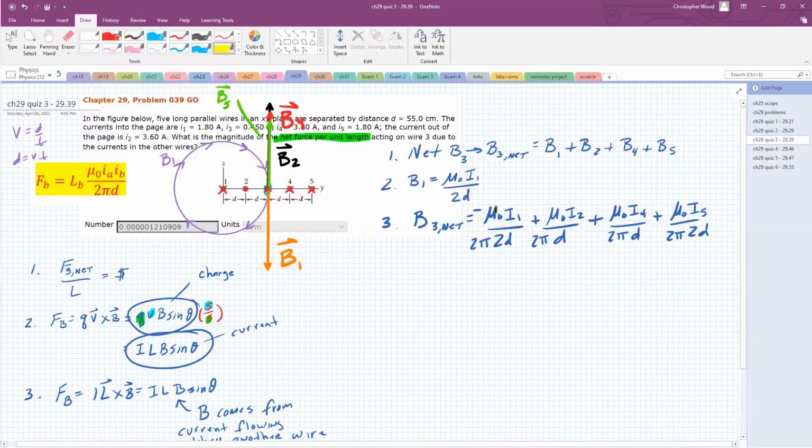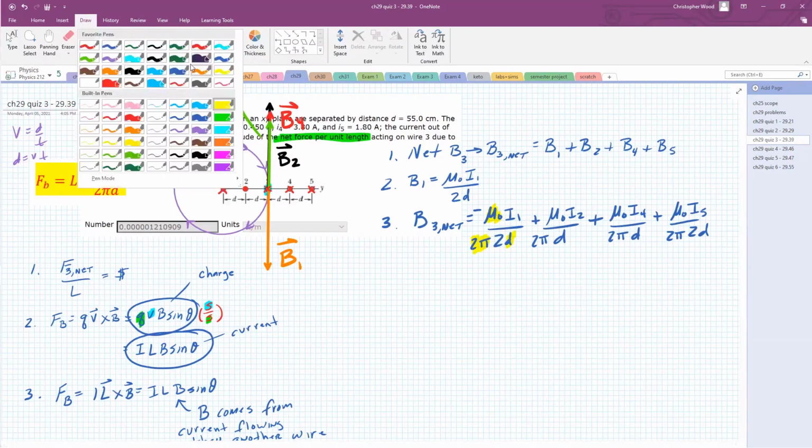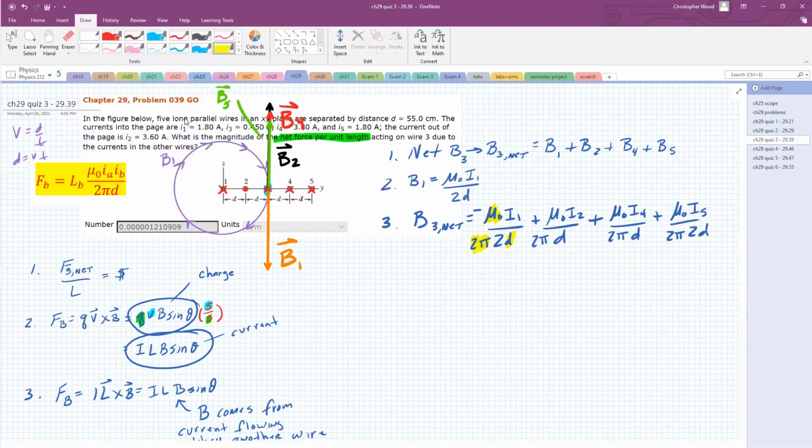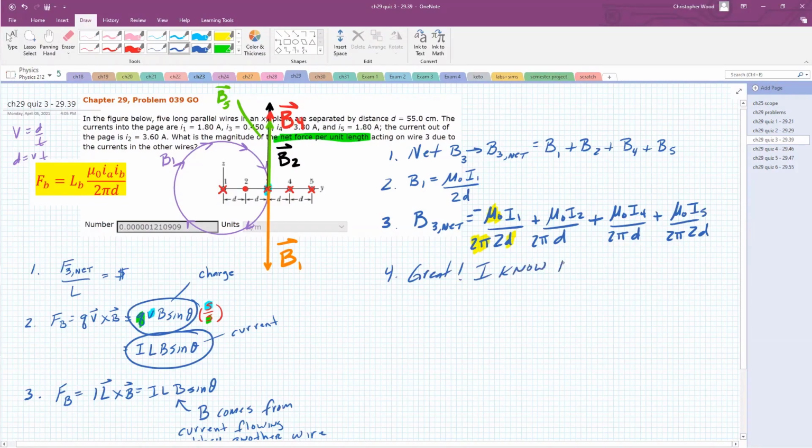So go ahead and pull out a mu naught and a 2 pi D as a common factor. And you're done. Oh, no, you're not done. Well, you're done finding the net magnetic field, B3 net.